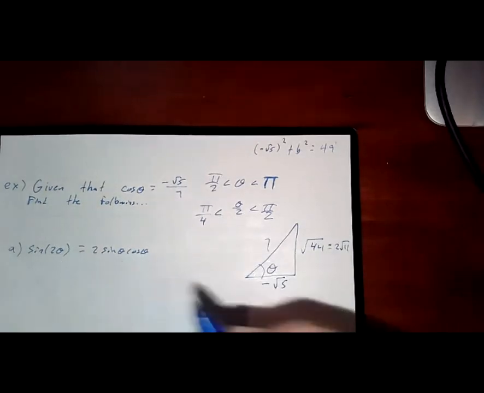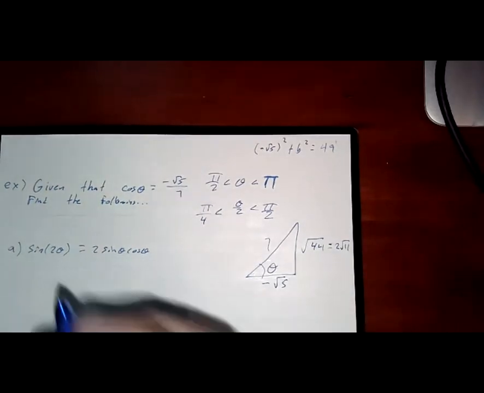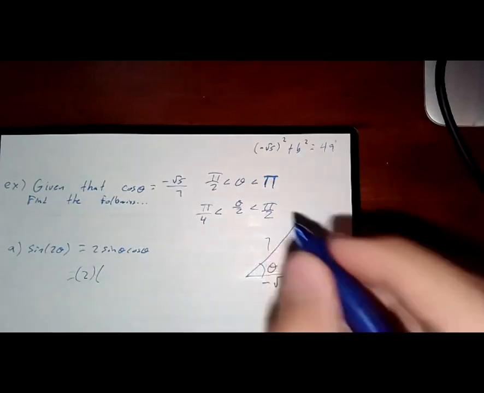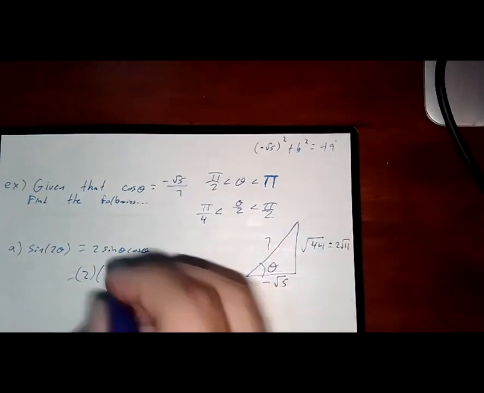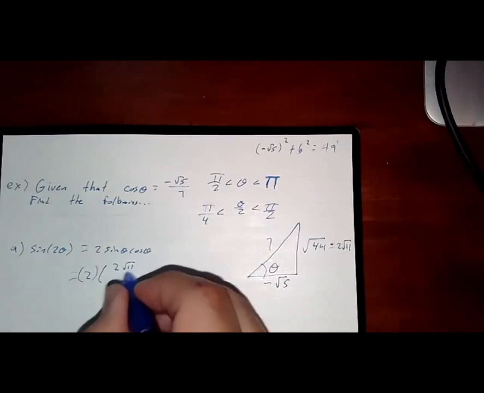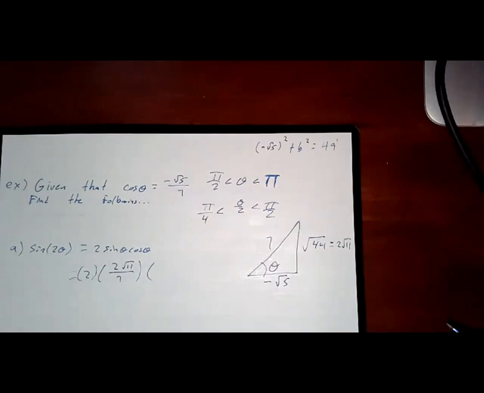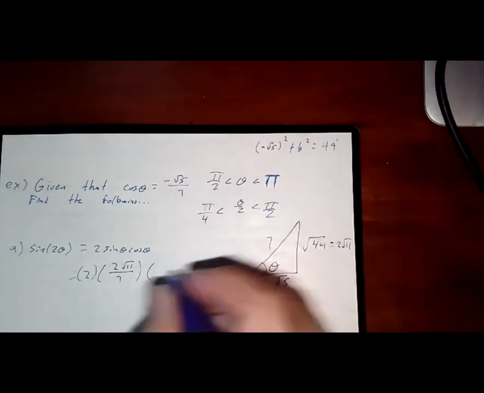Okay, so then 2 sine cosine will become 2 times sine, opposite over hypotenuse. I'm going to use 2 root 11 over 7. Cosine will be this guy here.